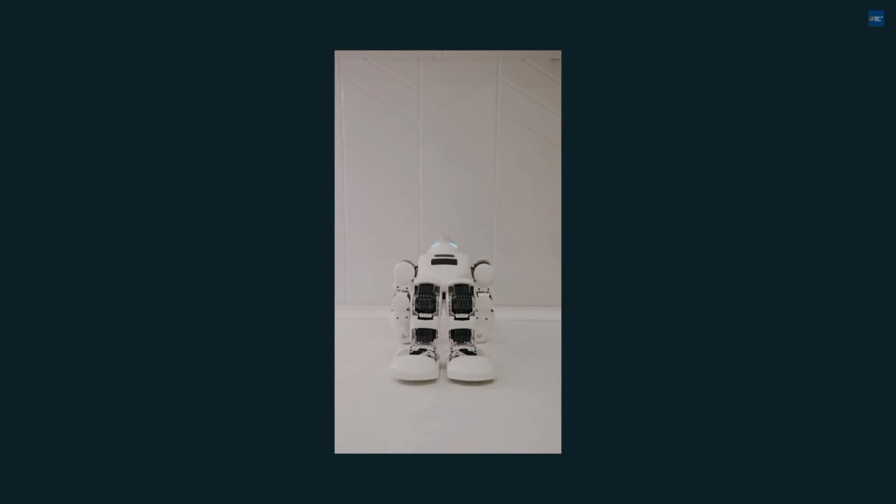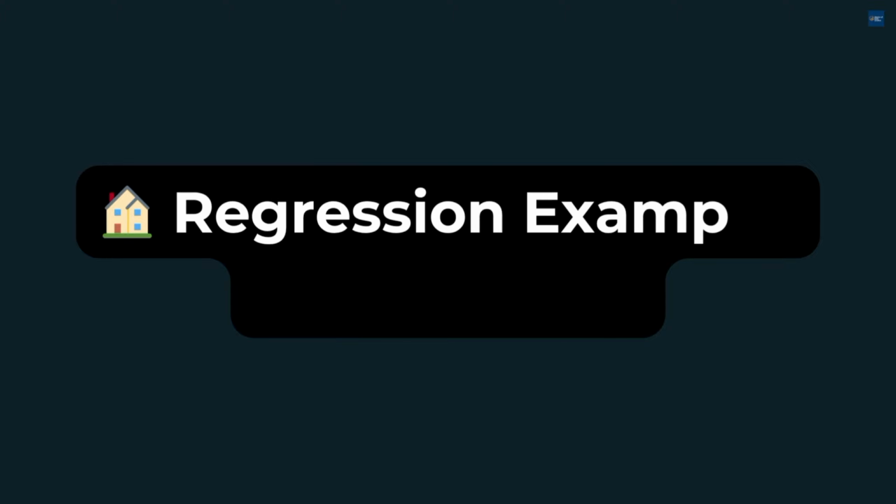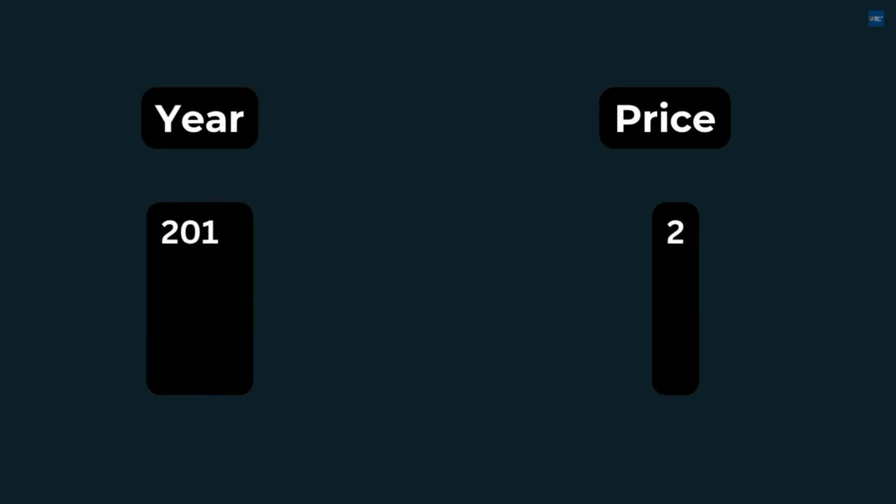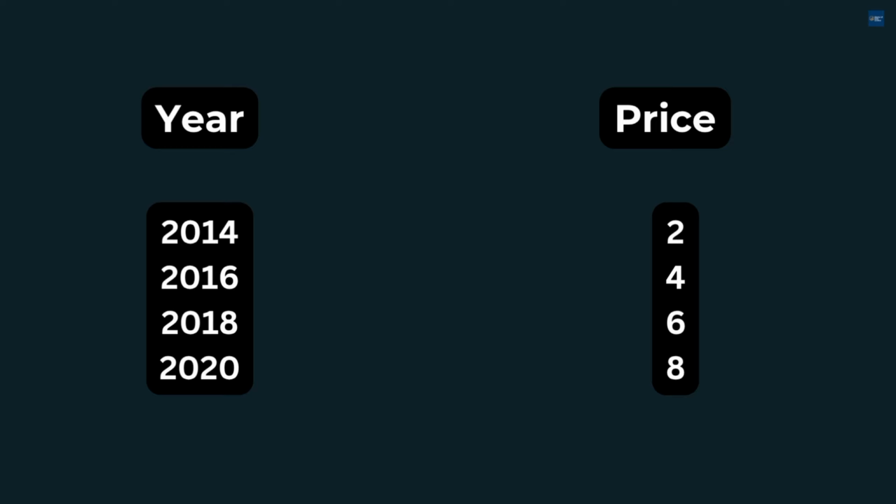Predicting house prices. Regression. Let's try predicting something like house prices. Imagine we have this data. In 2014, the price was 2 lakhs. In 2016, it was 4 lakhs. In 2018, 6 lakhs.